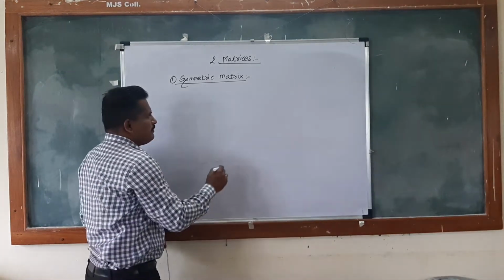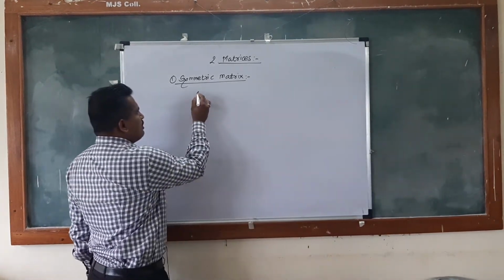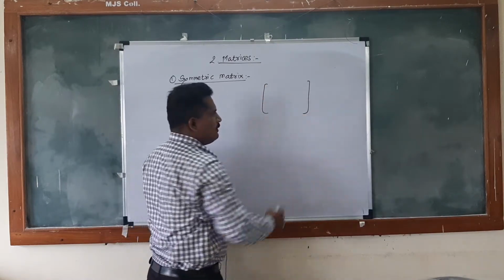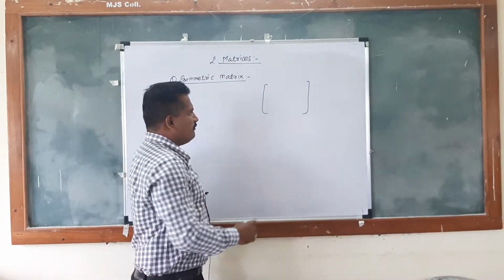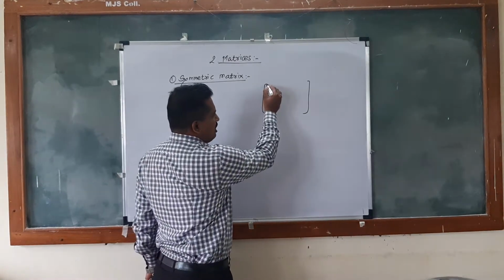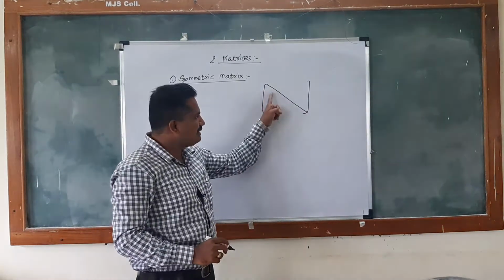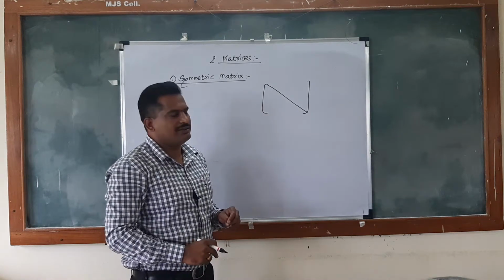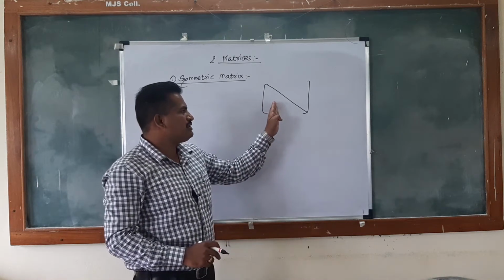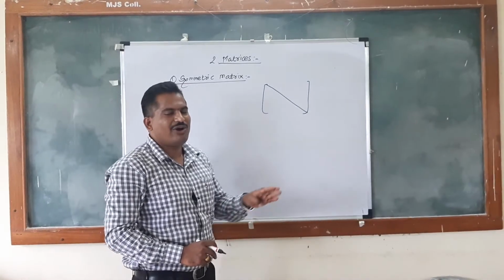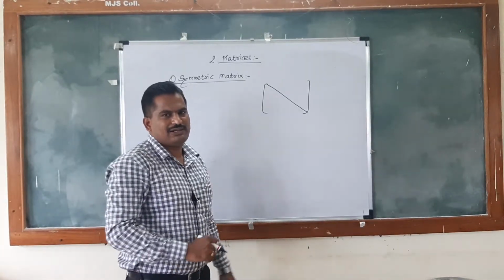That means if we cut the matrix along the diagonal, then these two parts are identical, or having identical elements.